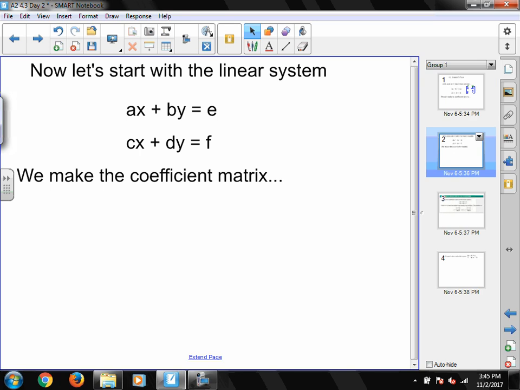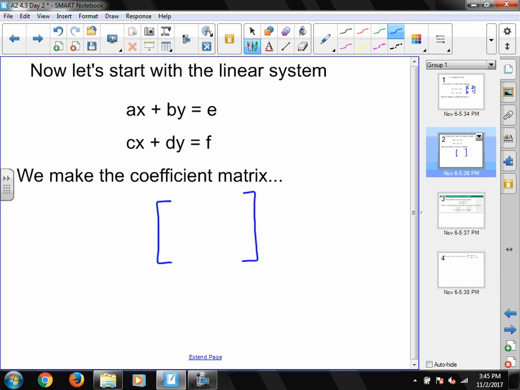So again, just some different practice. A coefficient matrix with a linear system, ax plus by is equal to e, and cx plus dy is equal to f. Same idea here. We're going to put the coefficient matrix down here, and we're going to take the numbers in front of the x's, a and c, and the numbers in front of the y's, b and d. I know it seems a little weird to do this with letters instead of numbers.